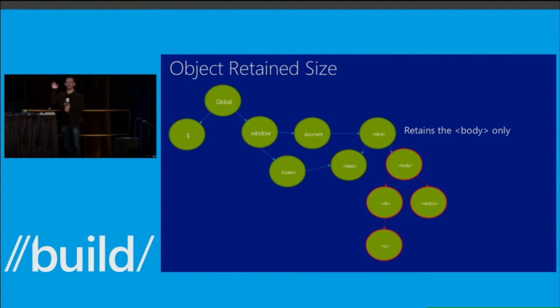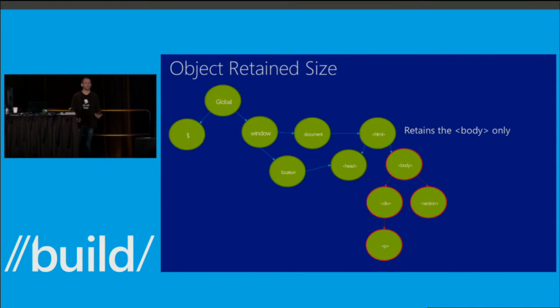Because if you removed the HTML element, the head would still be kept around, because there's some reference that's making sure that it's alive, right? And so you'll see in the tools I'm about to show this notion of retained size, and you're really looking for who's the biggest object that if I get rid of, he'll give me the most bang for my buck.